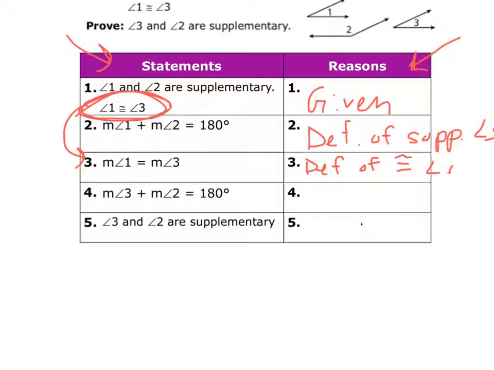We have the measure of angle 1 plus the measure of angle 2 is 180. The measure of angle 1 is equal to the measure of angle 3. So can we take the measure of angle 3 and plug it in for the measure of angle 1? Then we get the measure of angle 3 plus the measure of angle 2 is equal to 180. And this reason is substitution.